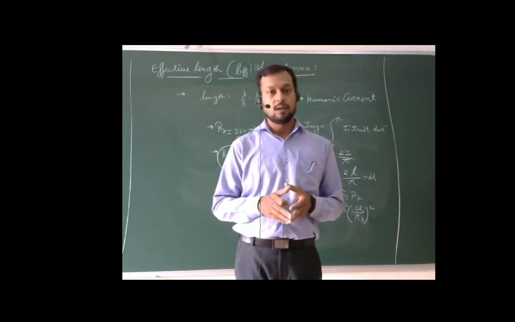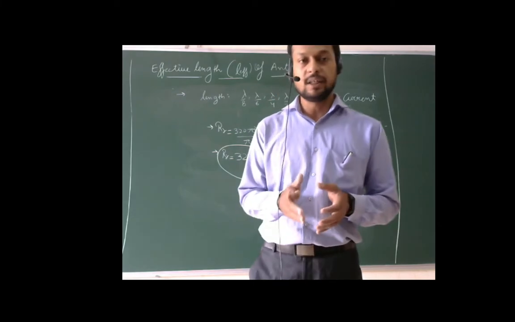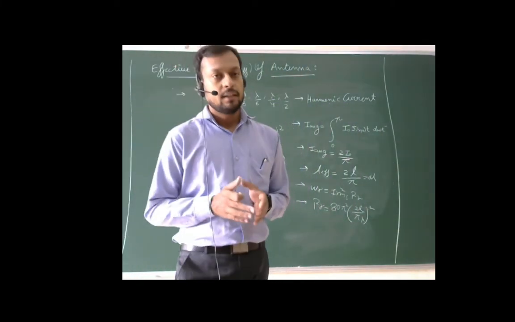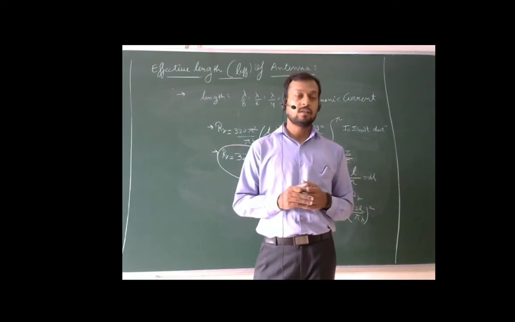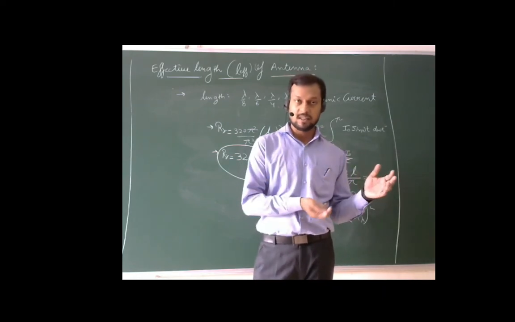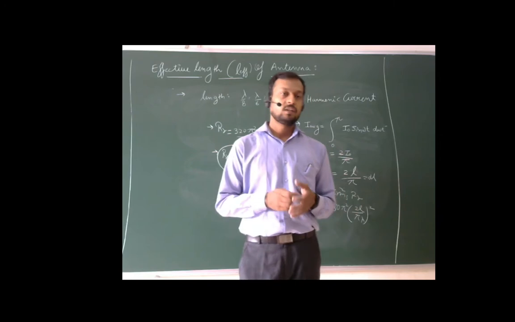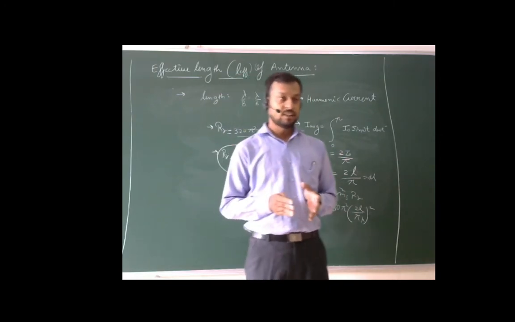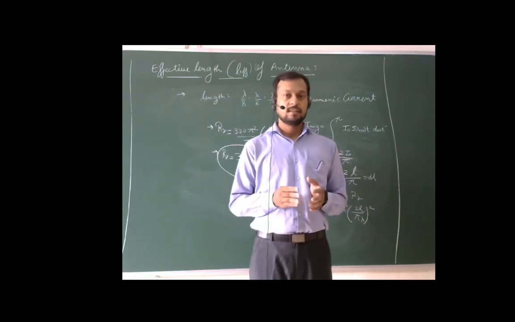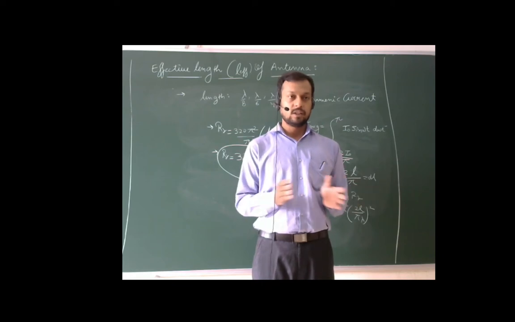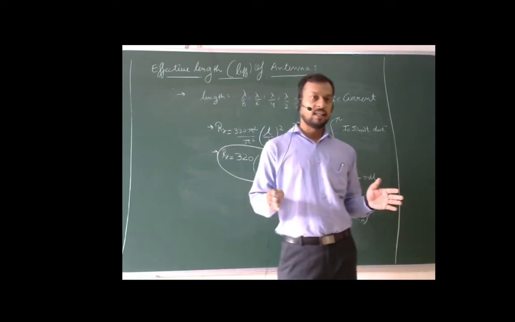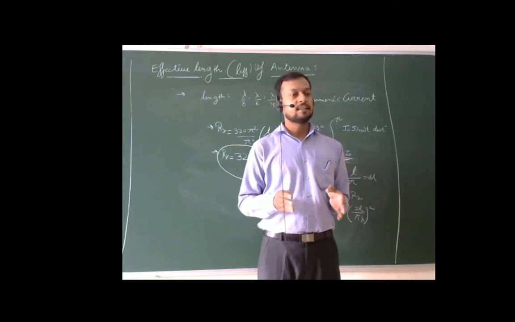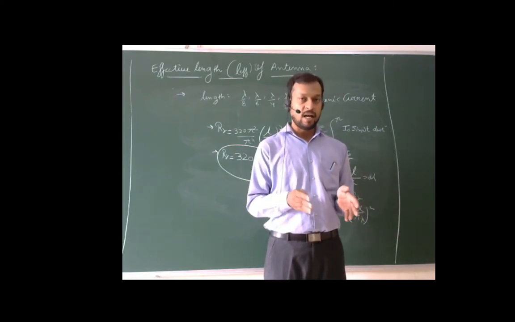The length of the wire antenna depends on the frequency or wavelength of the harmonic signal or current applied. According to this length, we categorize the type of current applied.